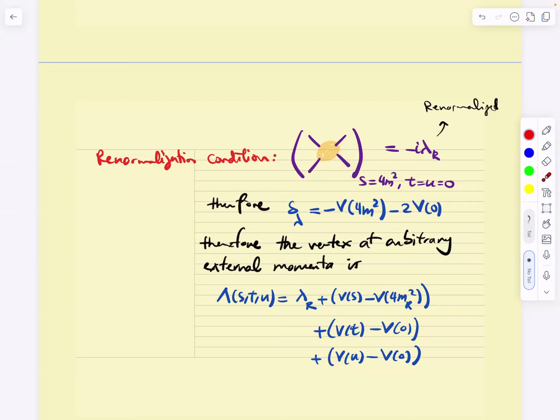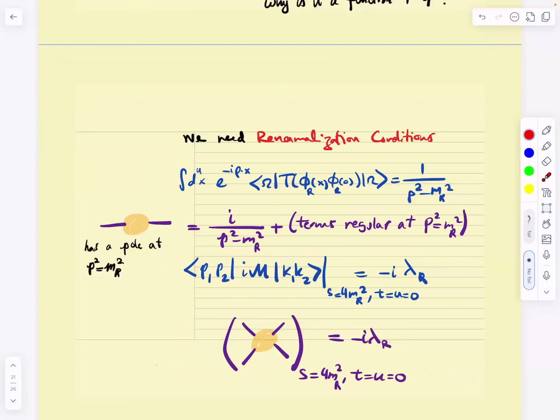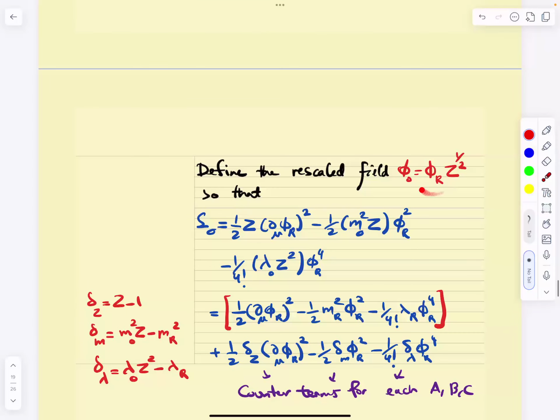Professor, I missed some point. How do we get the renormalization condition at first? The renormalization condition is a physical requirement. What is the point of introducing phi_r, right? Phi_r, I just called it renormalized, and I say it's physical. What does it mean that it's physical?